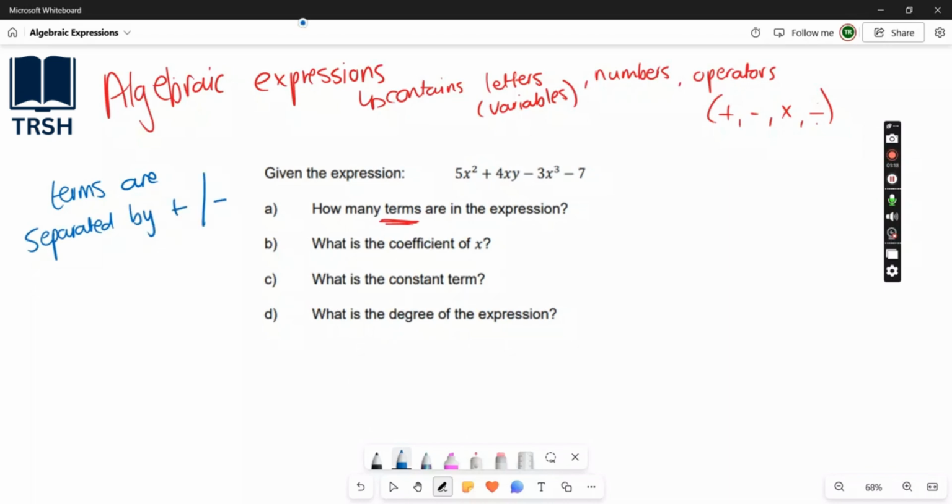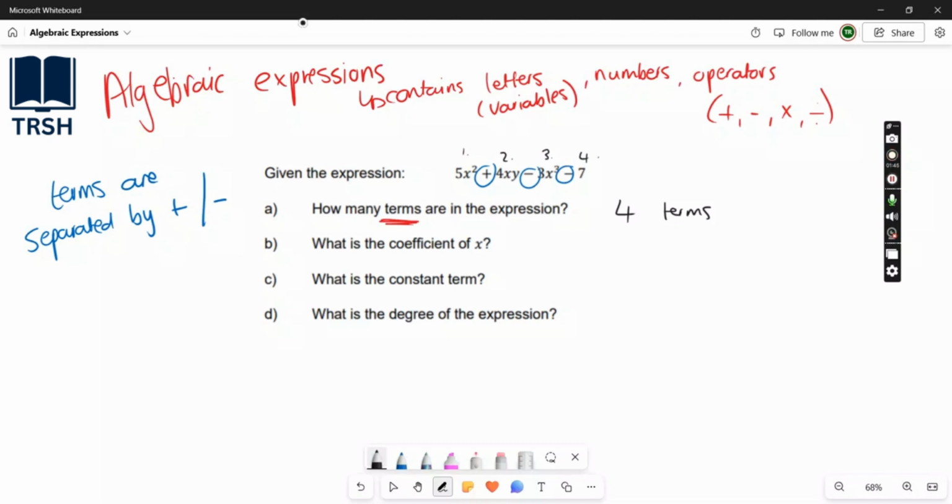So we can see we have a positive, a negative, and a negative. That already indicates to us that this is our first term, our second term, our third term, and our fourth term. So how many terms are there in the expression? 4 terms. Pretty straightforward.